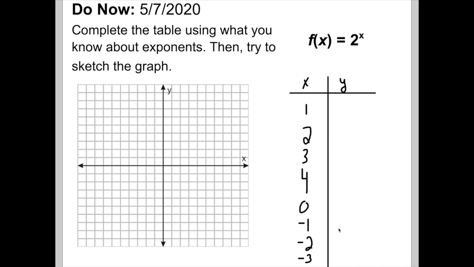What I want you to do is plug in each of those numbers for x using any laws of exponents as needed, fill in the table, plot whatever points you can, and you'll have your graph. So take a moment, pause the video, fill out the table, and do the best you can to make the graph. And then when you're ready, unpause, and you can see what I got.